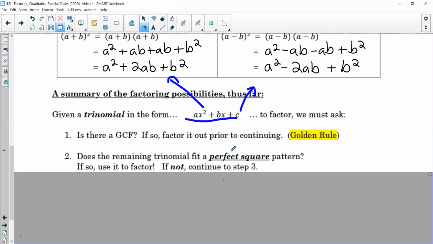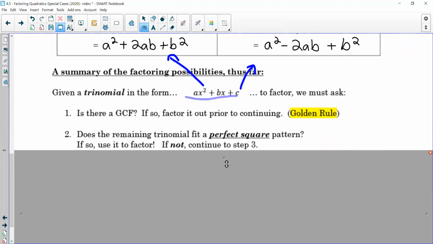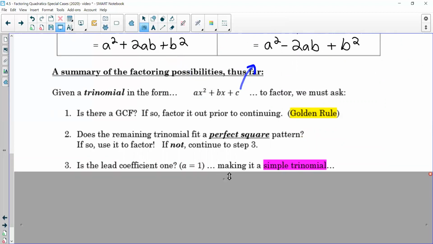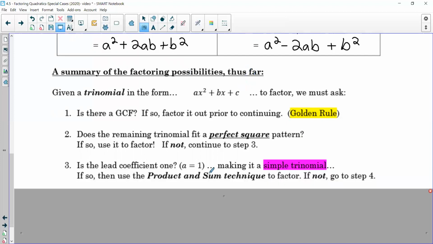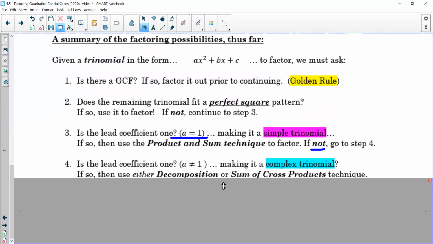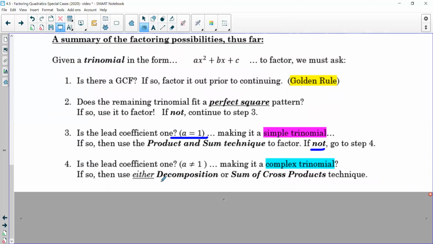If it doesn't, then we have to take a look at whether it's a simple trinomial where the a value is equal to 1. And if it is, we can use the product and sum technique. And if it's not equal to 1, it's a complex trinomial, and we have to use decomposition or sum of cross products.